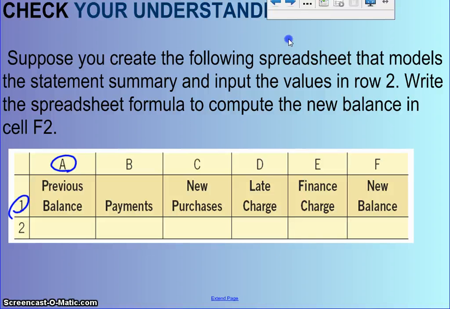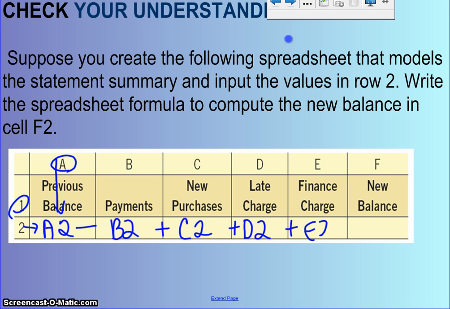So a formula, it looks like we're looking at taking the balance in A2, because notice here it would be in A2. We're going to subtract B2. We're going to add C2. We're going to add D2, add E2, and that equals F2. And there is my formula.